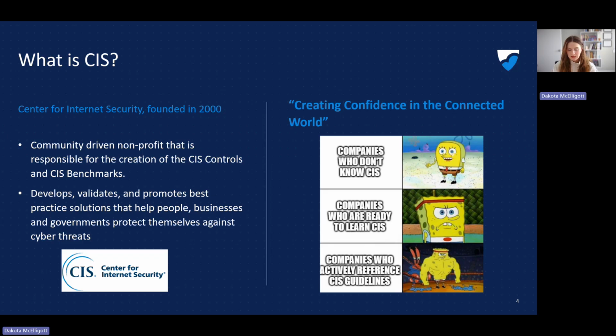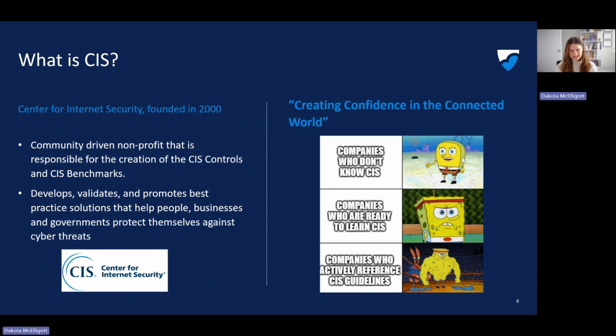The tagline is creating confidence in a connected world. And honestly, that does encapsulate the whole point, right? CIS is about giving organizations a clean, trusted blueprint for securing systems, whether that is a Windows server, a cloud workload, or, in our case today, Microsoft 365.